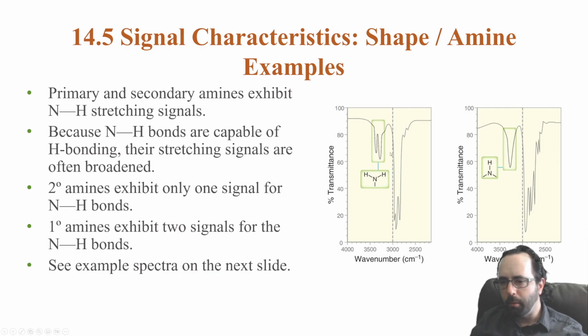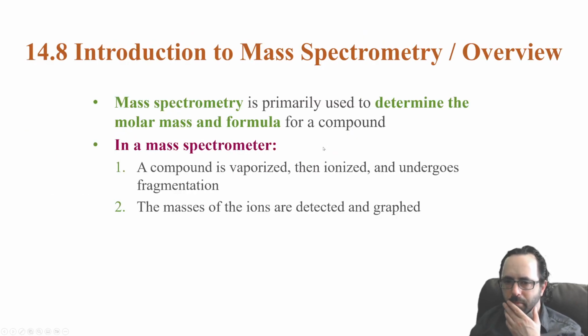And that gives you 2 separate stretching frequencies, both kind of broad due to the hydrogen bonding, because NH bonds do have hydrogen bonding. If you have a secondary amine, though, you only have one single broad signal, again due to the hydrogen bonding in the NH.